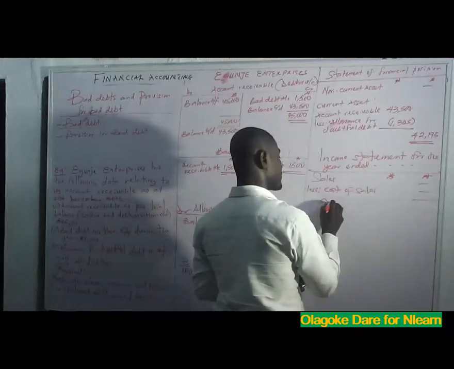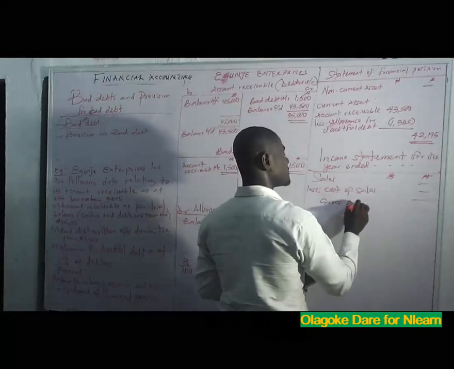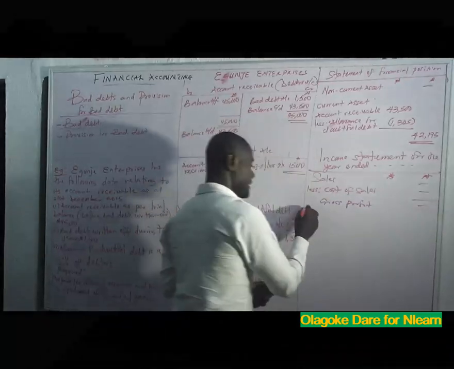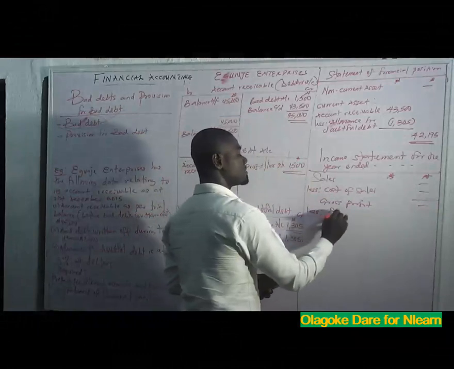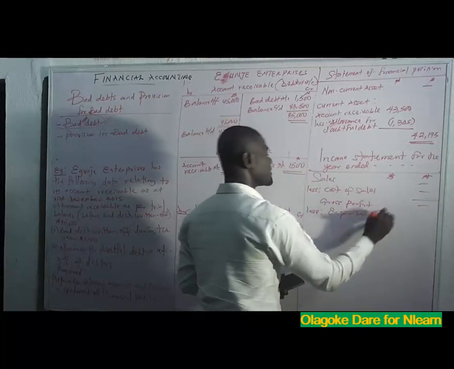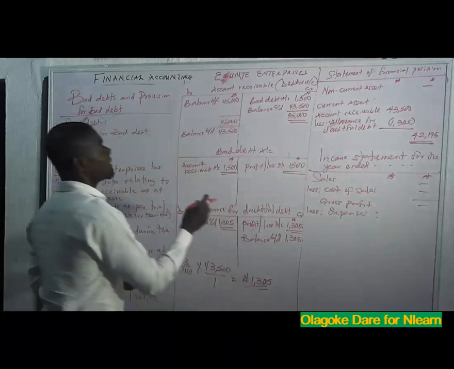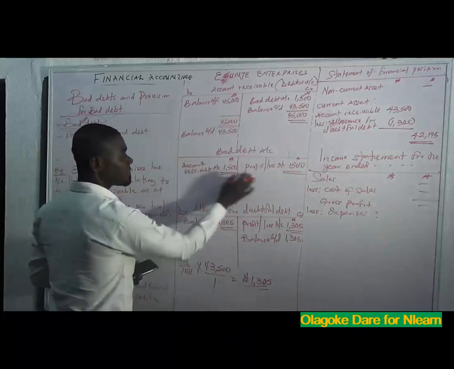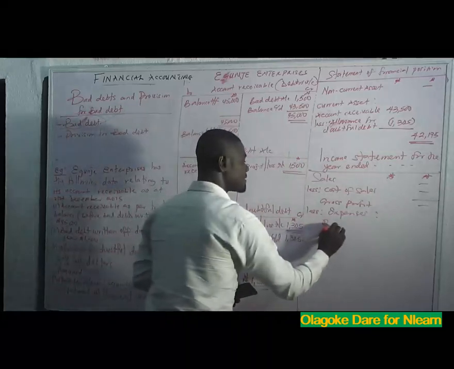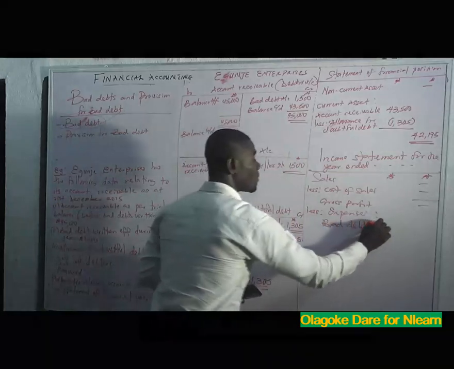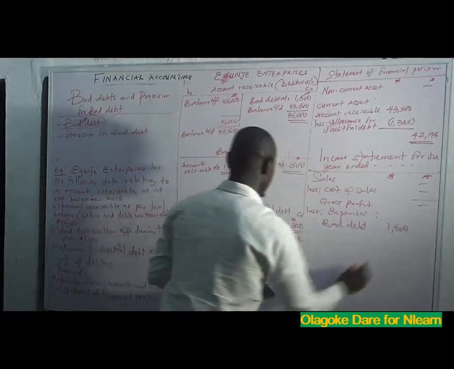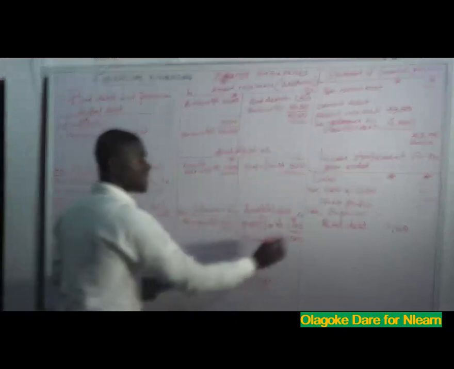I have gross profit, then less expenses. Definitely, these will be my expenses. Look at here. My bad debt is being transferred. So I have my bad debt. Bad debt 1,500 will appear. Then don't forget my provision too will appear.